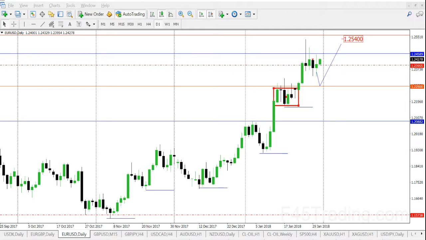I mentioned that in previous live sessions, that all feeds are different. And if I call out a number, like for instance this one right here at 122.80, the level is going to be different, plus or minus 5 pips on everybody else, depending on what broker you use. So just keep that in mind, please, going forward.